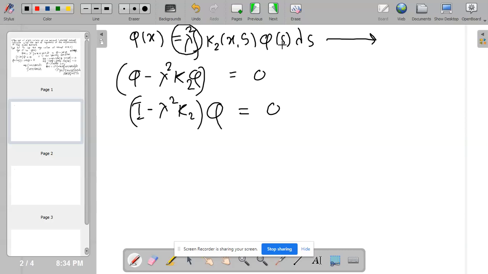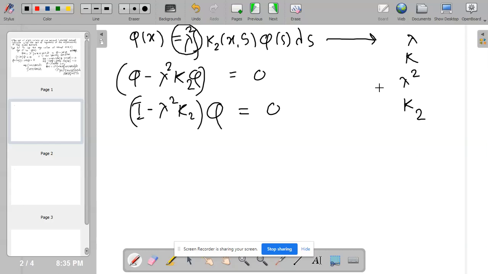So we have shown that if lambda is the eigenvalue of k x comma t, then lambda square is the eigenvalue of k2 x comma t. This s you can replace by t in order to relate it, but even if you keep it as it is, it is fine.